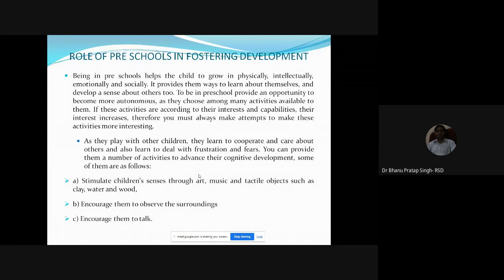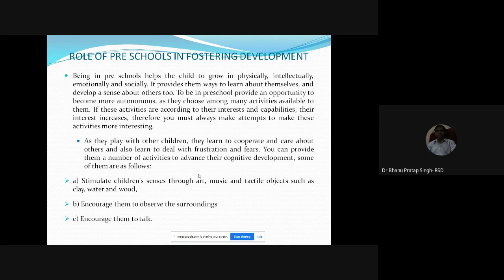What is the role of play schools? Although from the very first day we have been discussing the role of play school in child development. Being in preschool helps the child grow physically, intellectually, emotionally, and socially.